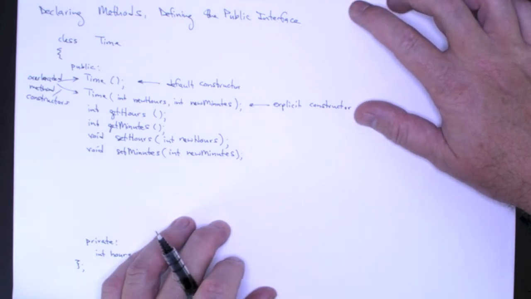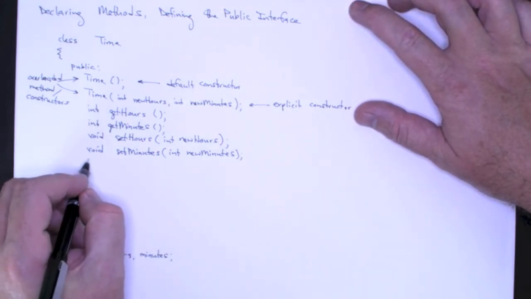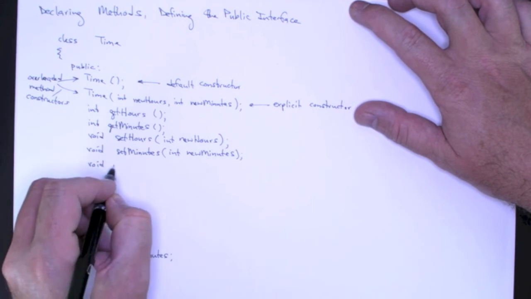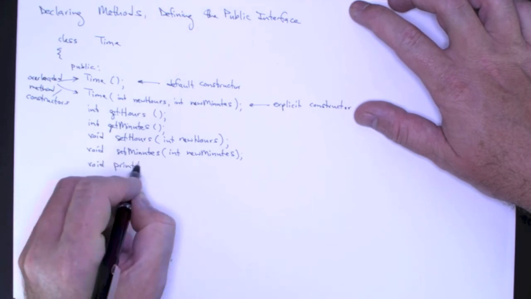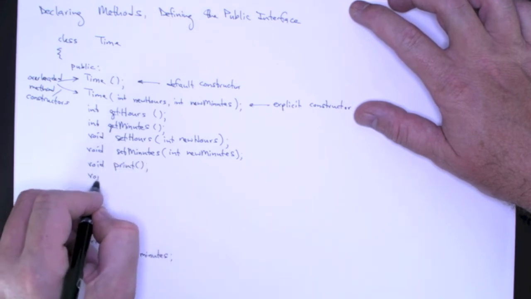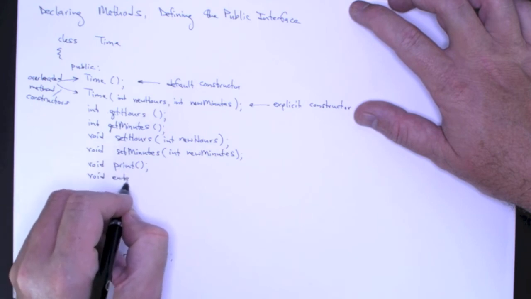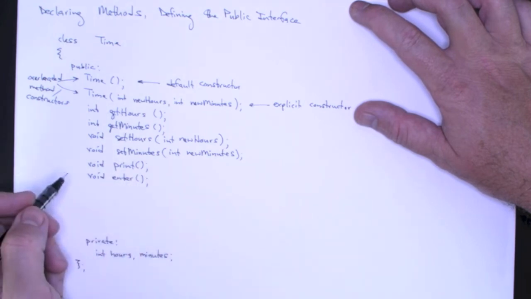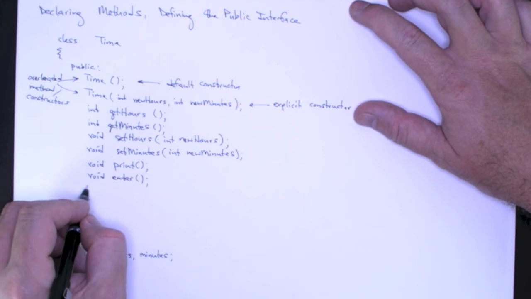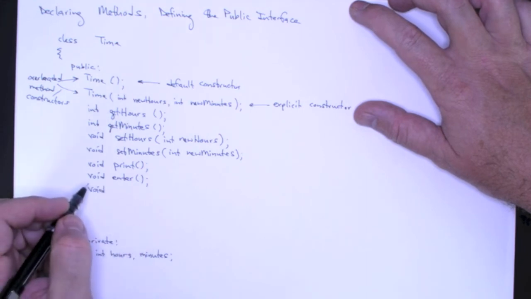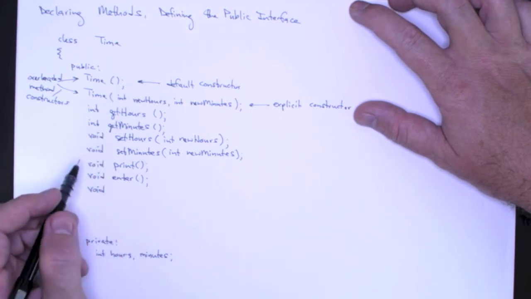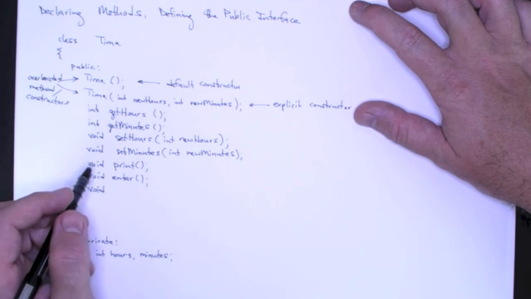Now I'm going to need my various input and output methods. So I want to declare a print method. I want to declare an enter method. And then I'm also going to have methods for reading and writing time objects to and from disk.